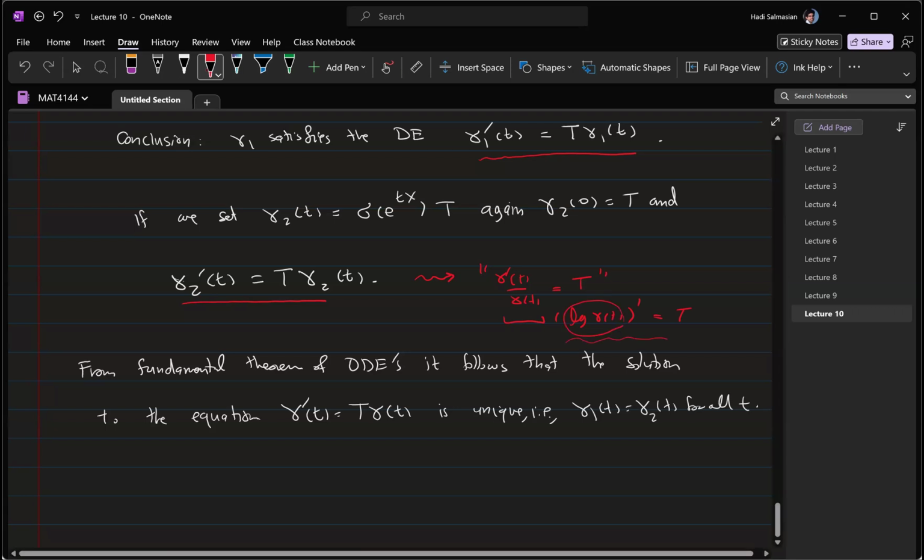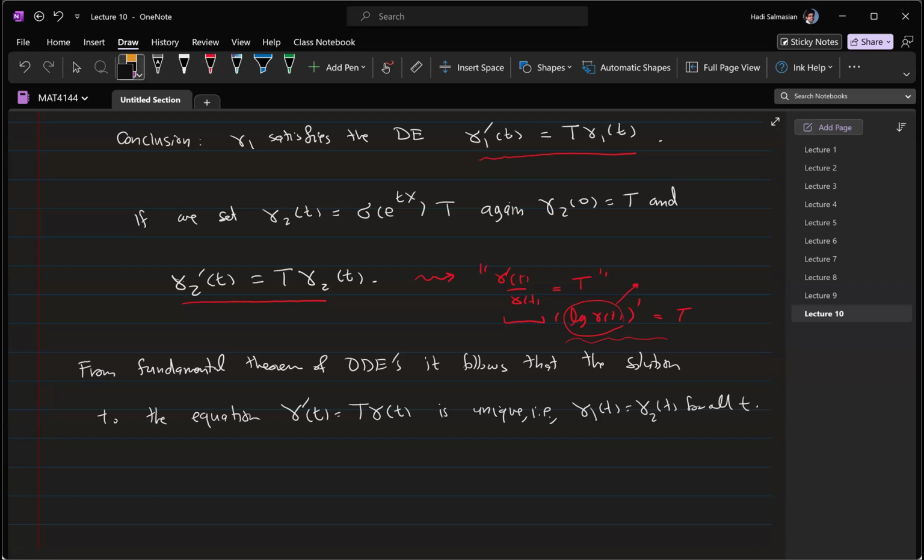This is just some linear map. Then you will know uniqueness of this gamma. It basically tells you that the solution is an exponential. Maybe the right way to say this would have been to take a ratio of gamma 1 over gamma 2, but anyway, that's just the idea.